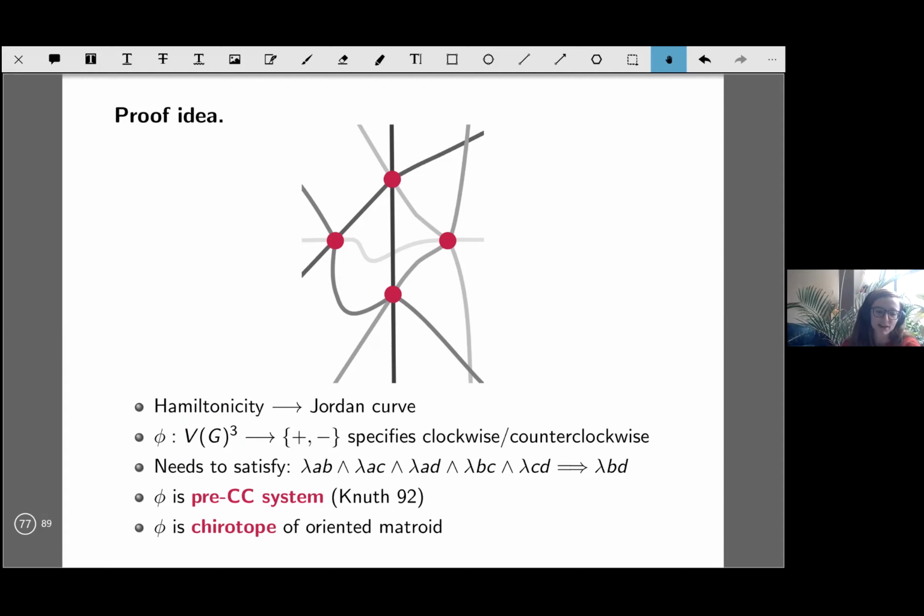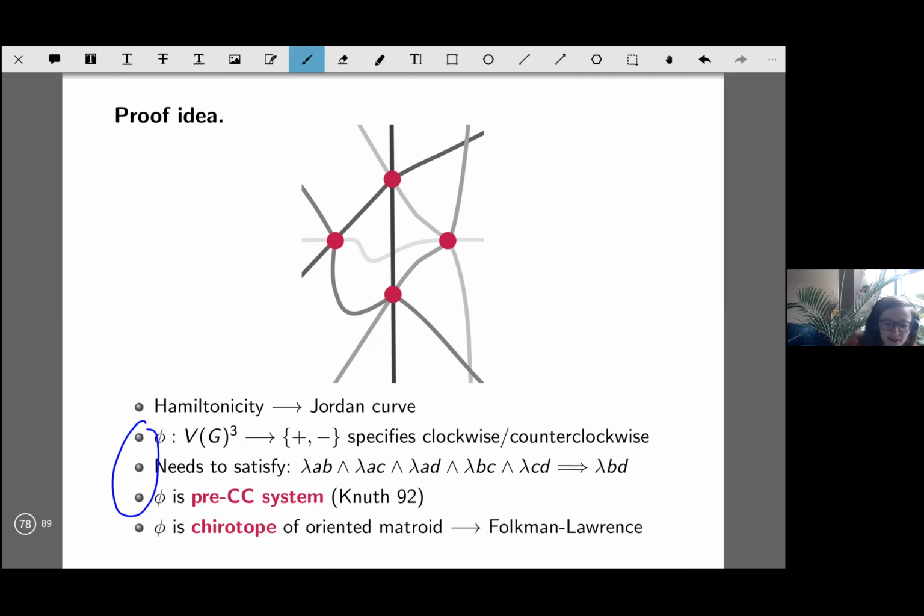From there, the Folkman-Lawrence theorem says that every rank 3 oriented matroid can be represented by a pseudoline arrangement. So using this theorem, if you can find phi which satisfies these two axioms, then that gives you a pseudoline arrangement. And so the whole proof just comes down to defining this phi.